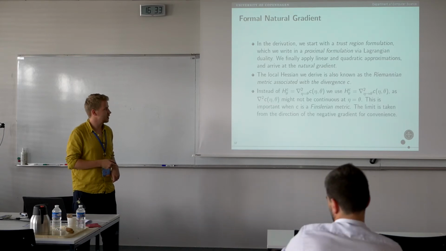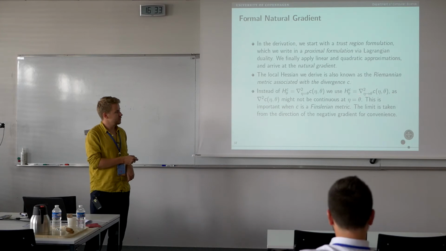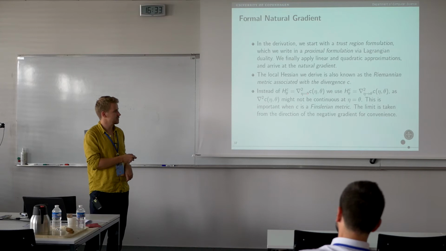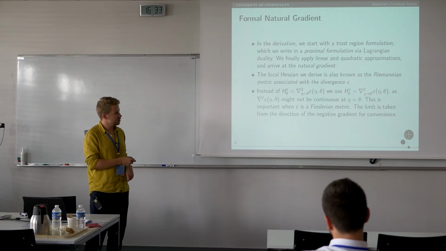And here's just a technical note. We use this limit here instead of just assigning that eta should be the same as theta, because C, or the Hessian of C, doesn't have to be continuous at eta.